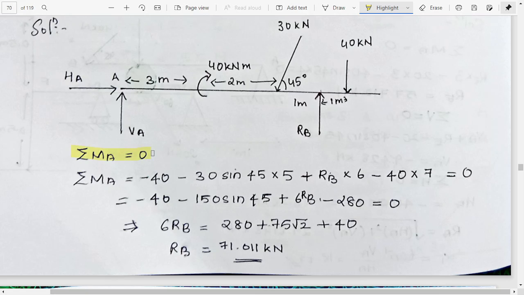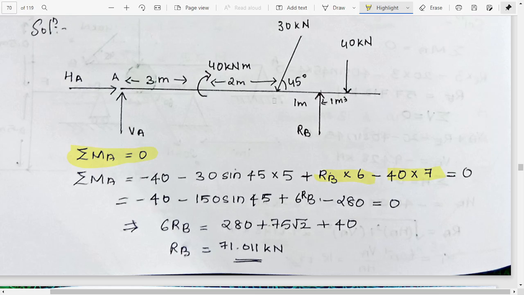Then summation of MA is equal to 0. So summation of MA is equal to minus 40 into 1 plus 2 plus 4 plus 3, which is equal to 7. So we have minus 40 into 7. Then we have RB into 6.